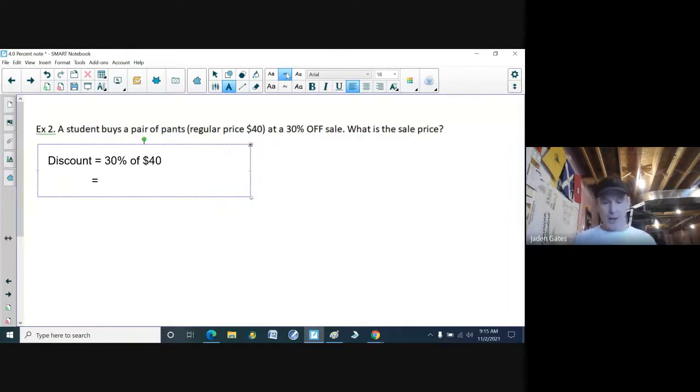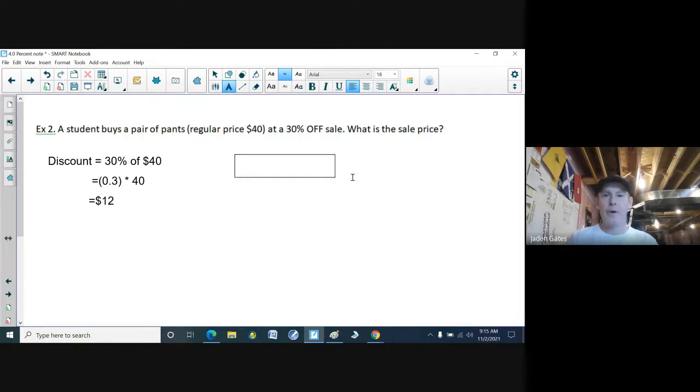I take 30% and divide it by 100, and I get 0.3. Again, of is multiplying, and $40 is 40. So I have 30%, 0.3 times 40, and I end up with $12. All right, so that's the discount.